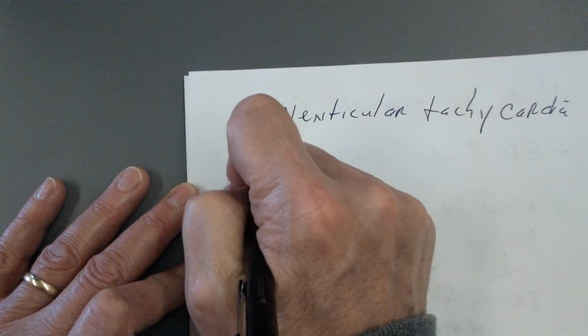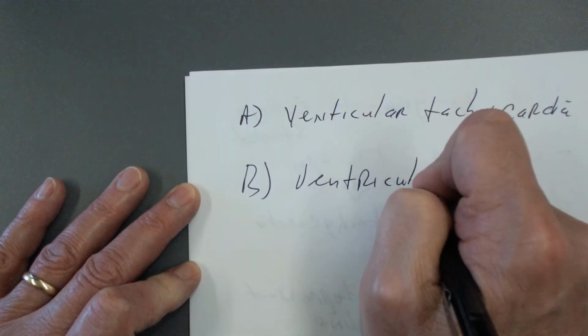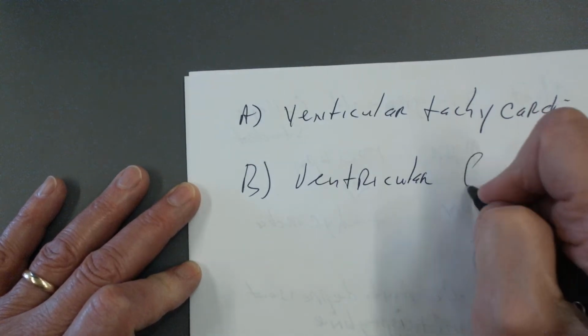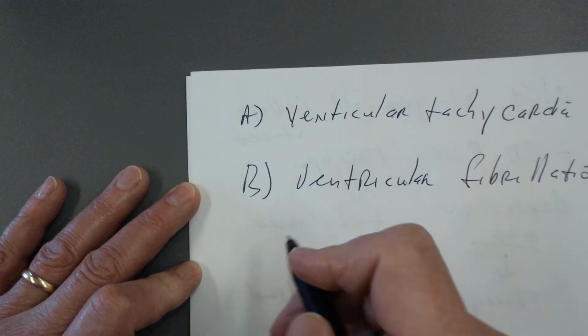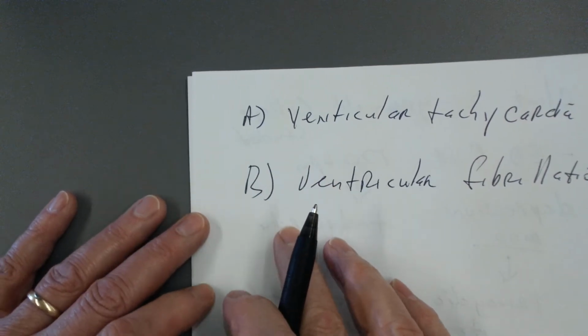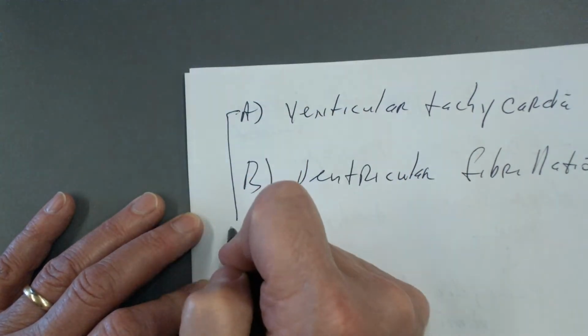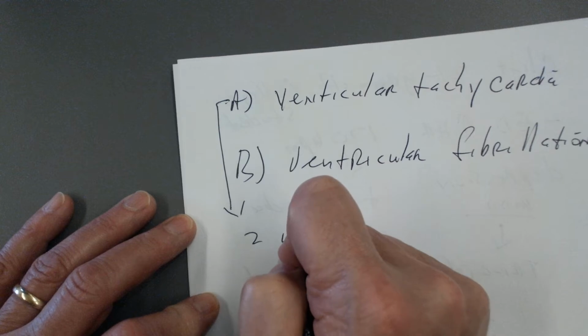The other, of course, is ventricular fibrillation. Those are the two types of ventricular arrhythmias. We're going to talk about the ventricular tachycardias, and of these, there are two main types.